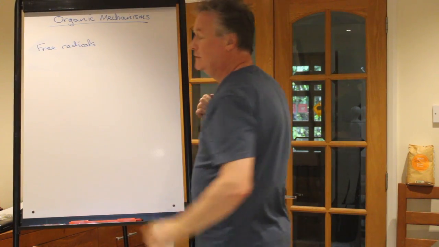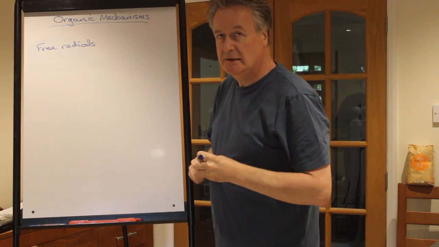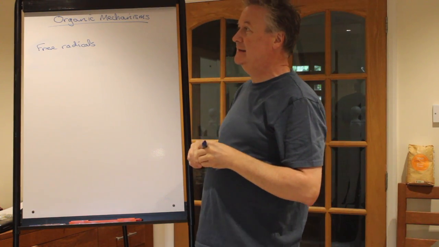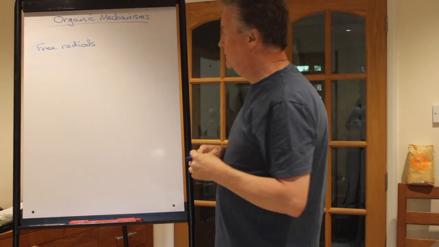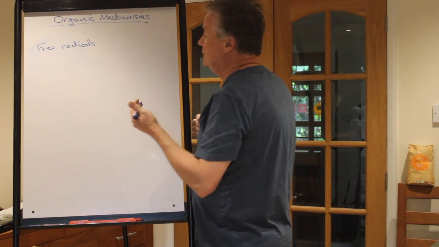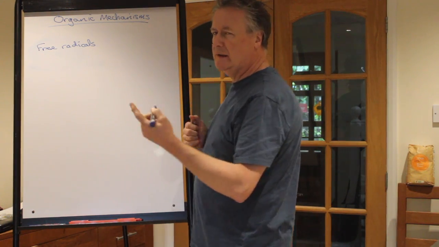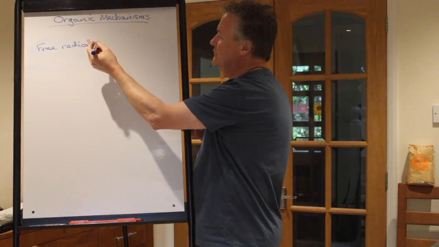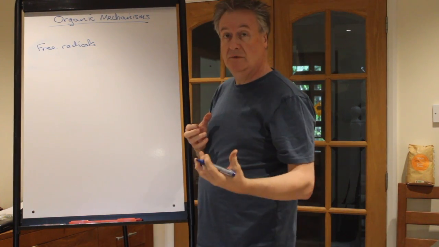Free radicals. One of the classic mechanistic questions is to do with free radicals, so we'll have a section on that. As you will see, I'll explain how we're going to do these videos. So free radicals. First thing, what are they?